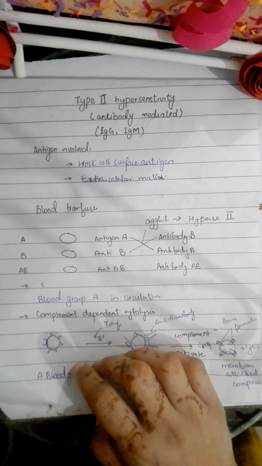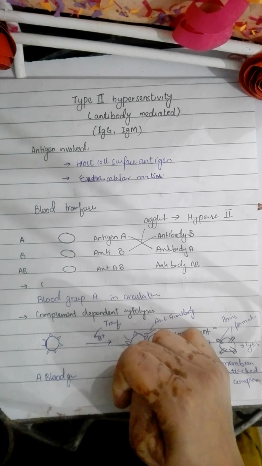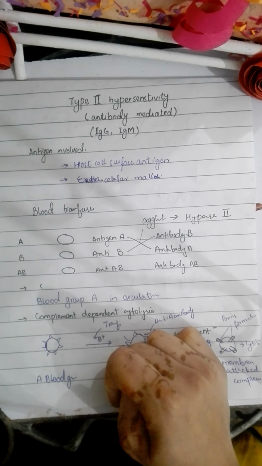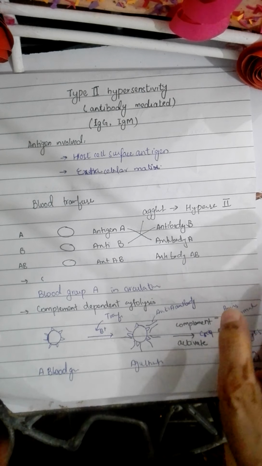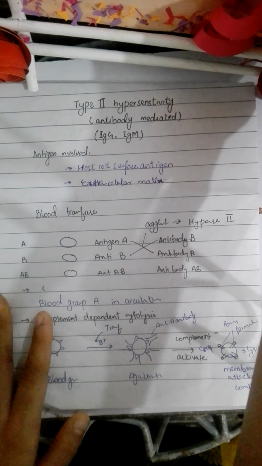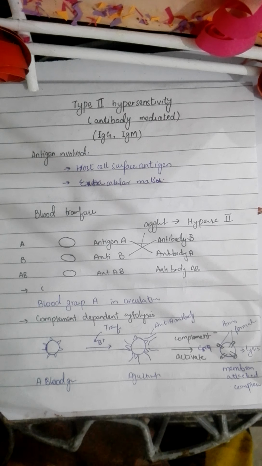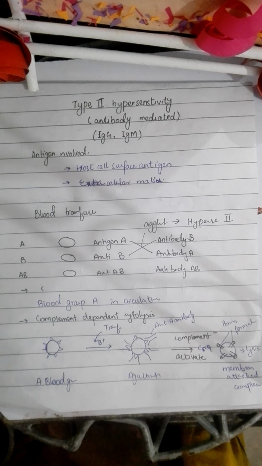First, we check the patient, which antigen the blood group has, and then we check the recipient, the person who has to receive the blood. We have checked already.